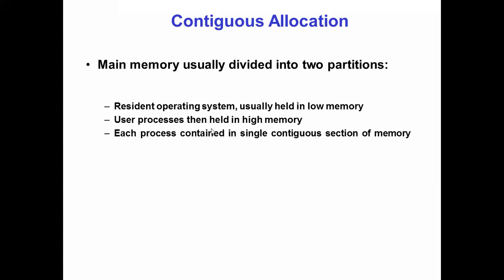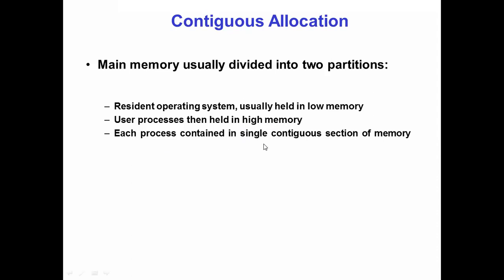User processes are then held in high memory. Each process is contained in a single contiguous section of memory, meaning this is the fixed one, and this is the fixed memory. We can say it is the area that is occupied by a particular process. A single contiguous section of memory means a fixed section of the RAM, random access memory.